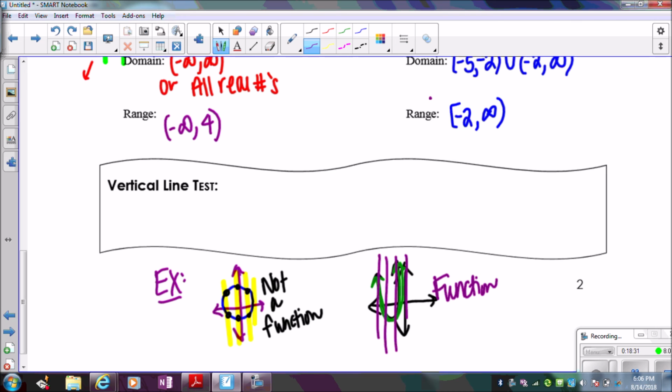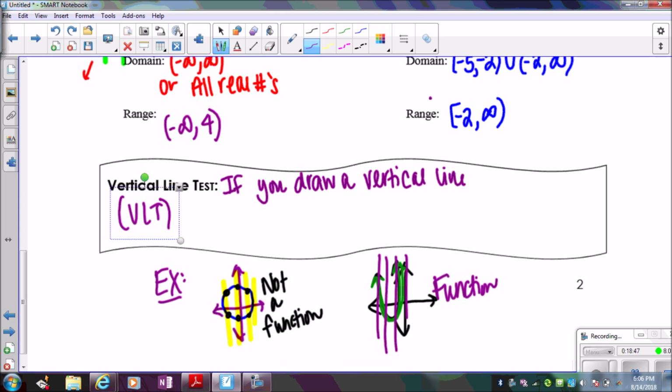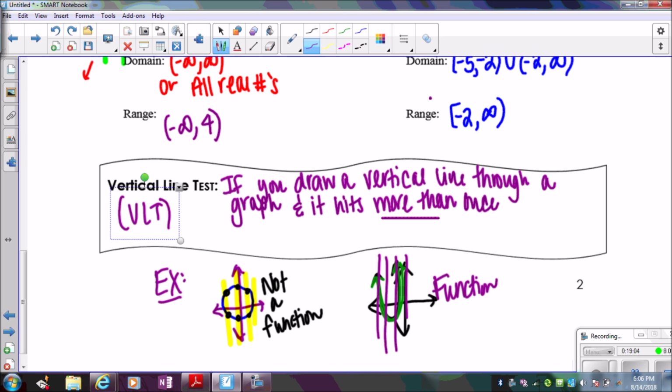So the vertical line test, often abbreviated as VLT, is if you draw a vertical line through a graph and it hits more than once, it's not a function.